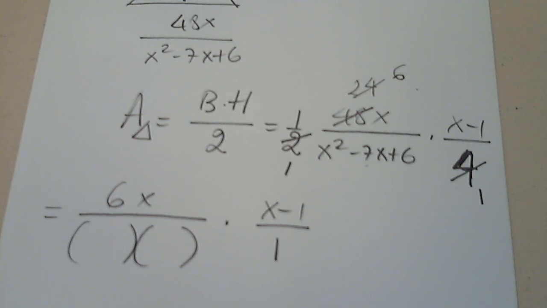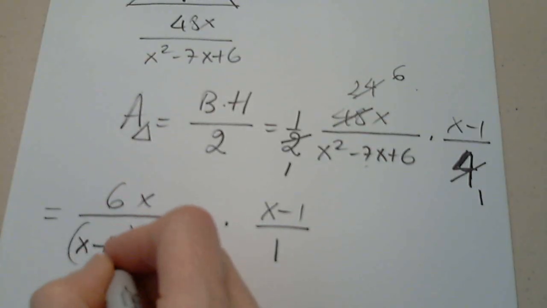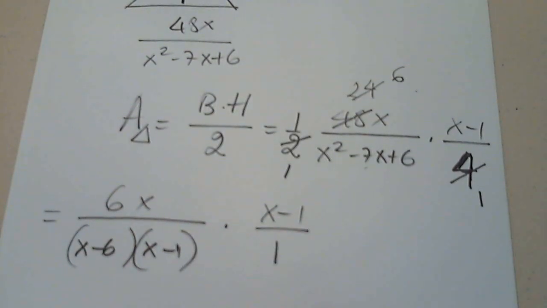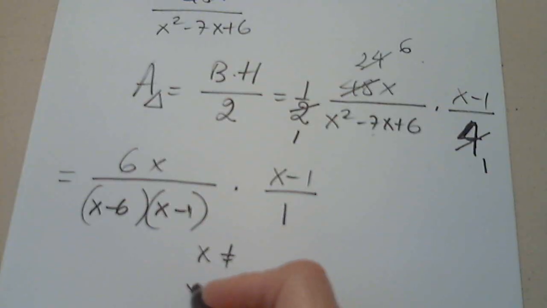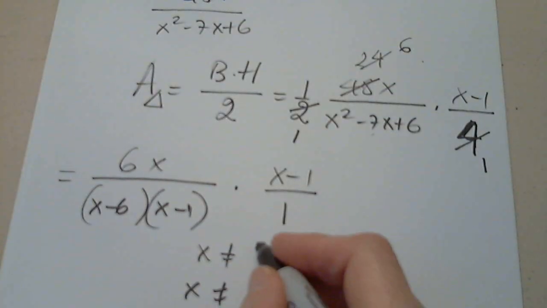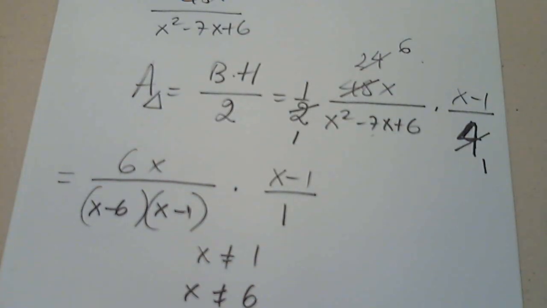How do we factor x squared minus 7x plus 6? Minus 6, minus 1. Yes, x minus 6, x minus 1. I need two restrictions, and only then can we simplify. So we have 1 and 6, very good. Now I'm allowed to simplify.